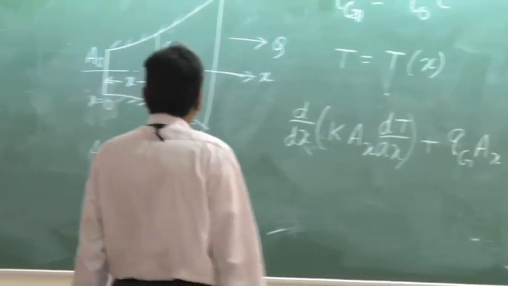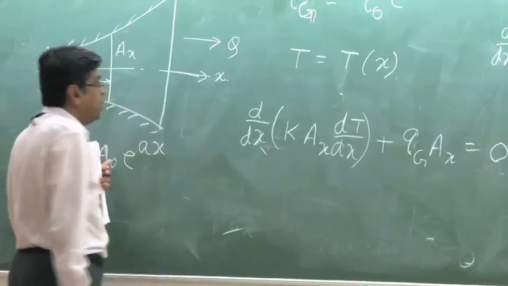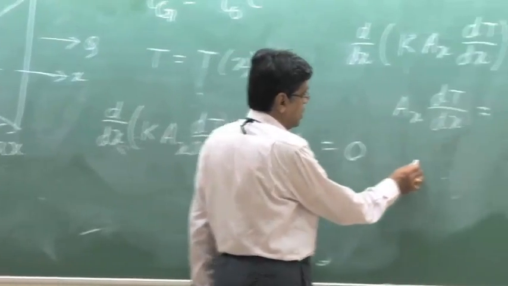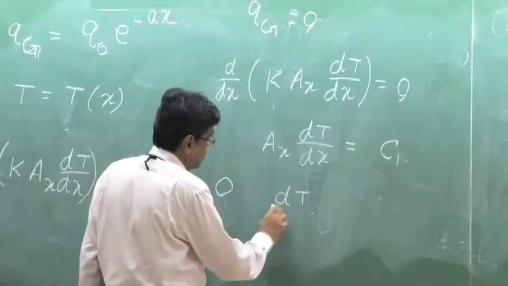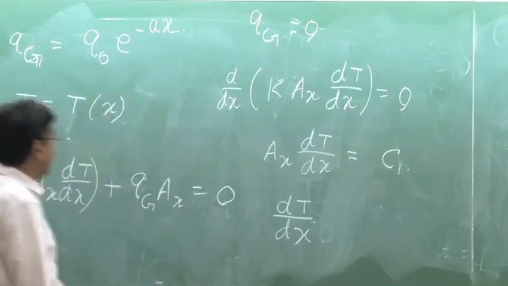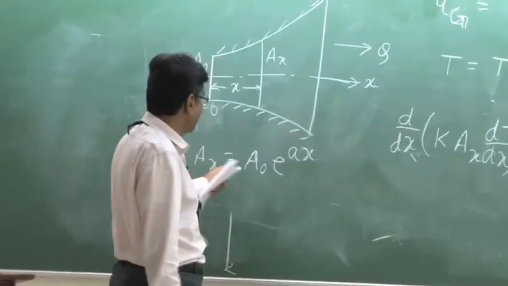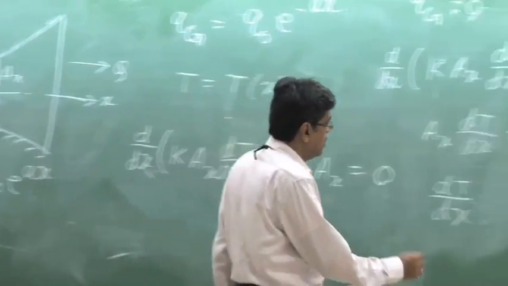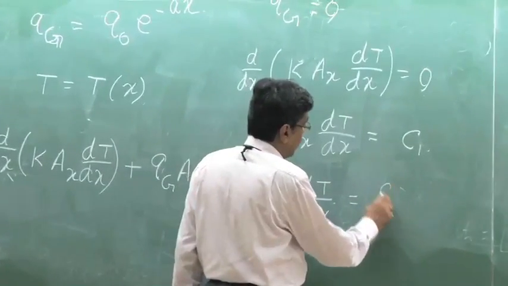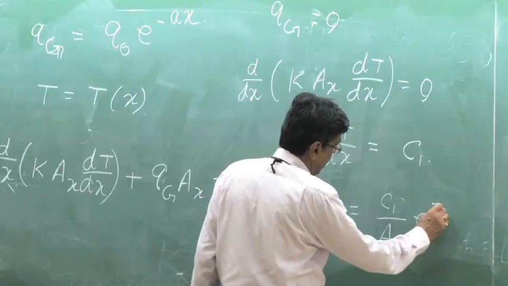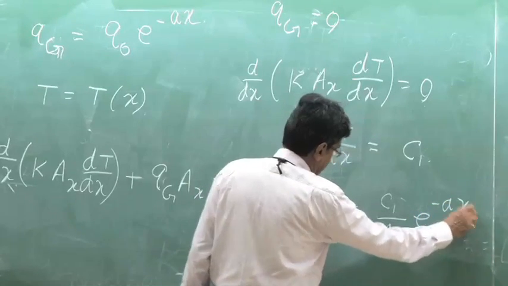Then dT dx is C1 by A(x). A(x) is A0 e to the power ax. That means C1 by A0 e to the power minus ax.